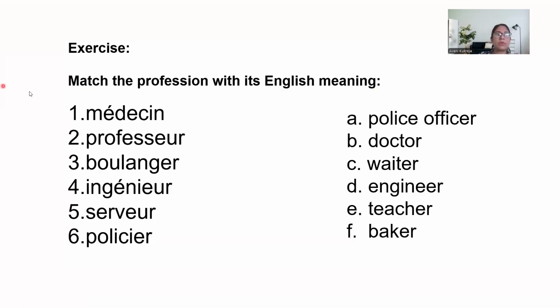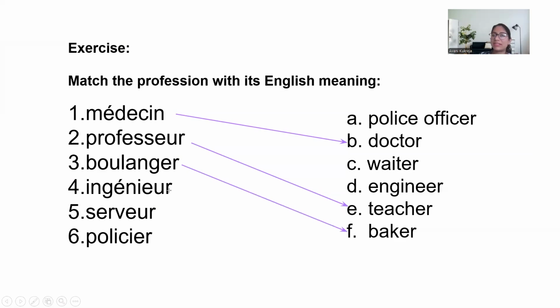Now, I want you all to match, let's see how many of you remember. Médecin. What's the English translation? Doctor. Professor. Teacher. Okay, this one we have not done, so let's see who can try this. Boulanger. Baker. Very good.